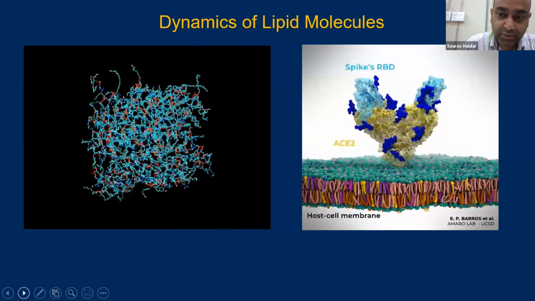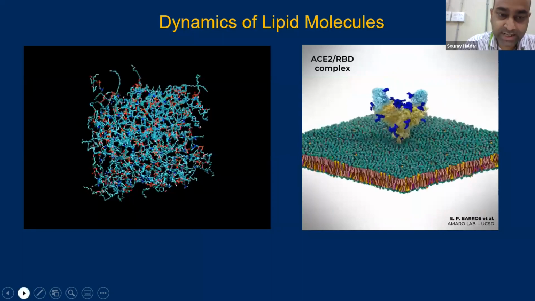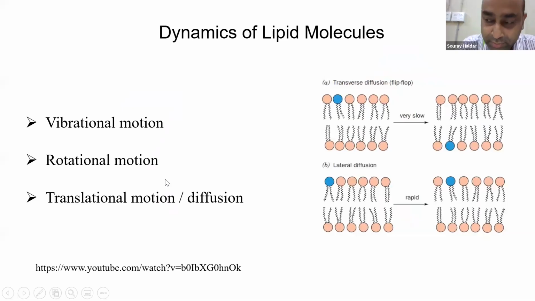Now, as I mentioned, the predominant dynamic features of the lipid molecules in the plane of the membrane can be categorized into three ways, mostly. Four ways, I'll come back to the fourth one. So one is vibrational motion. The second is rotational motion. The third is translational motion, or mostly what we call diffusion. Now, these are nothing new and nothing specific for lipid molecules.